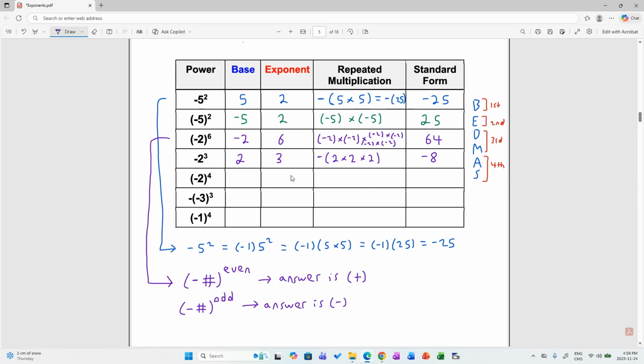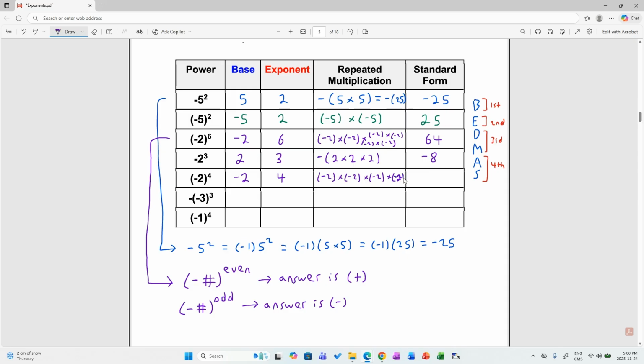Okay, great. Now I have negative 2 to the power of 4. Once again, since negative 2 is inside of my brackets, I'm simply going to write my base as negative 2, and my exponent is 4. And this is simply going to be negative 2 times negative 2 times negative 2 times negative 2.